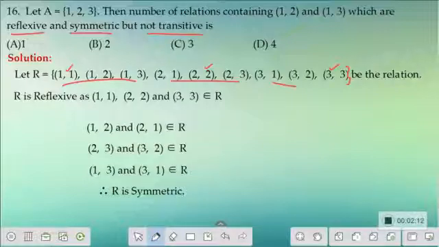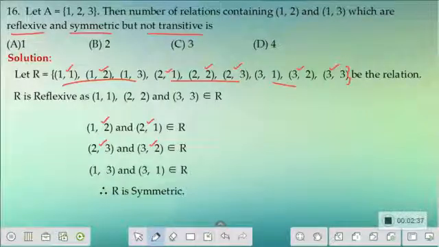Let's check for symmetric. Let me consider the element (1, 2). If I take (1, 2) in R, I must be able to find (2, 1). Yes, we have (2, 1) for (1, 2). If I consider (2, 3), we should have (3, 2). Yes, we have both.